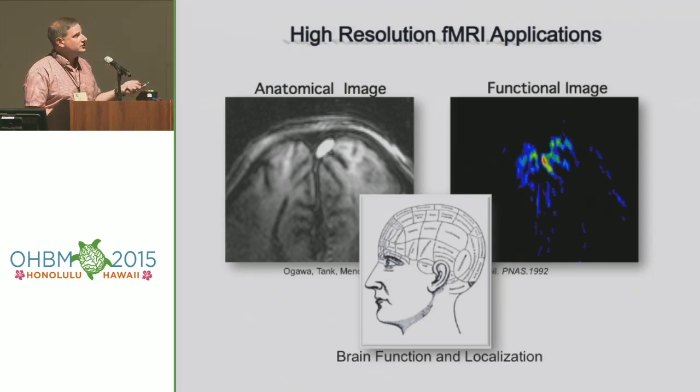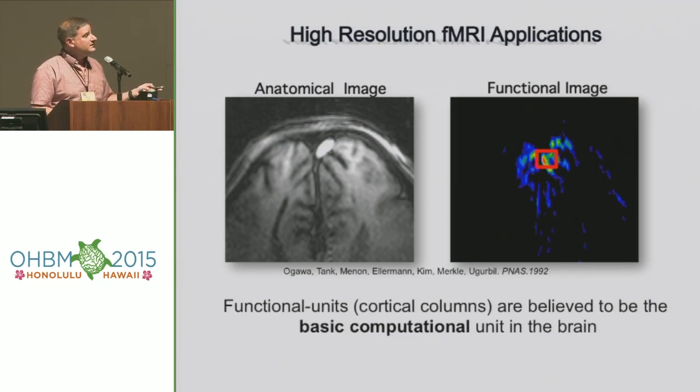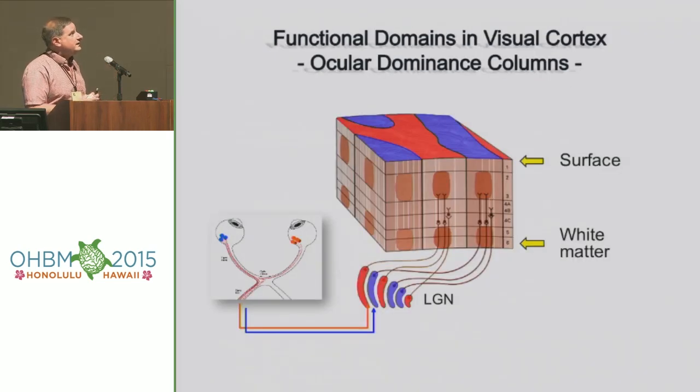But what we really want is to develop a method in which we can push the resolution and map not these millions of active neurons, but the thousands of functional units, these cortical columns, that are probably part of the basic computational units of the brain. If we're trying to understand how the brain works, we have to at least map to the level of the columns. A quick introduction to what cortical columns are.